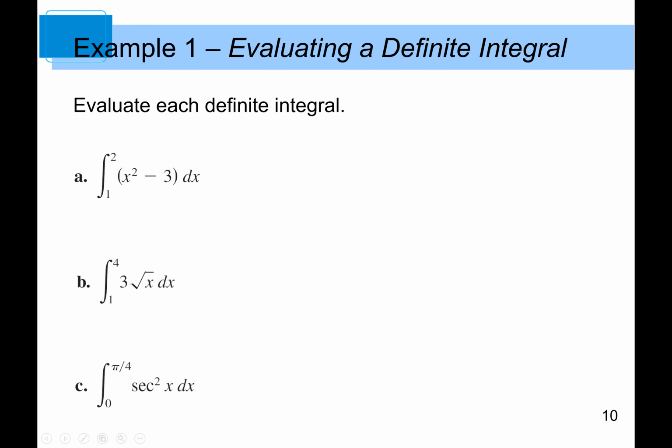Okay, let's take a look at the first one: the definite integral of the function x squared minus 3 dx from 1 to 2. First of all, find the antiderivatives using the power rule.